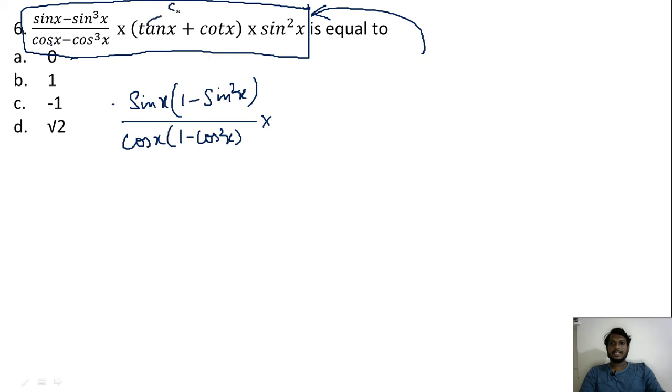Here tan x is sin by cos and cot x is cos by sin. Now if you take the LCM and add it, we get sin square x plus cos square x, that is 1, divided by sin x cos x in the denominator. Here you have 1 in the numerator and sin x cos x in the denominator, into sin square x.